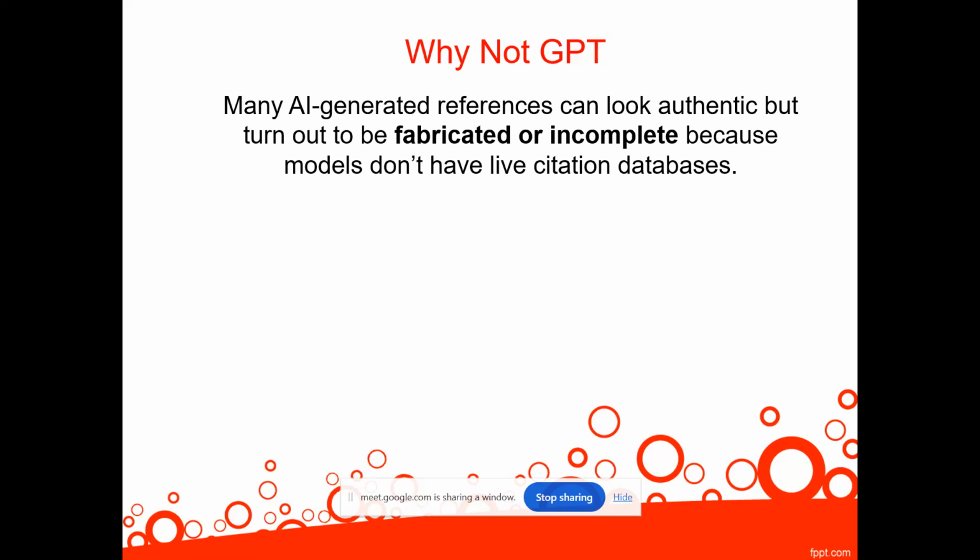It will either give us fabricated references or incomplete references, which will again put us in trouble. That is why we cannot rely on large language models or generative models to draft our paper, but there are some other tools which will add authenticity, and ChatGPT will help us to fine tune the paper. We will see those things in today's session.